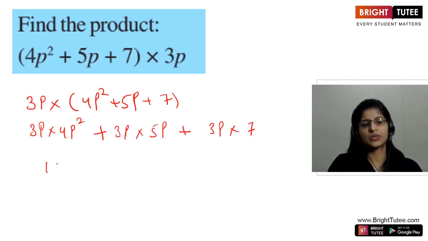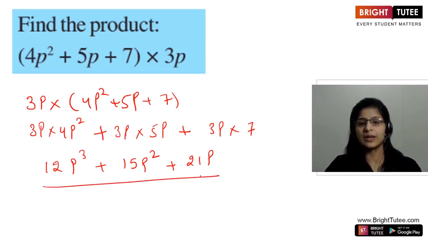So 3 4s are 12. p into p square is p to the power 3. 3 5s are 15. p into p is p square, plus 3 7s are 21, 21p we are going to get. So this is how we are multiplying a monomial with a trinomial.